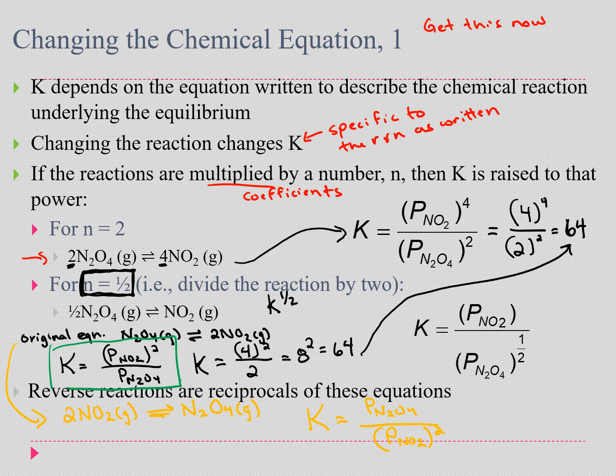Notice that the things here that I'm going to box out in green are reciprocals of each other. And so the K for the bottom one is 1 over K original.